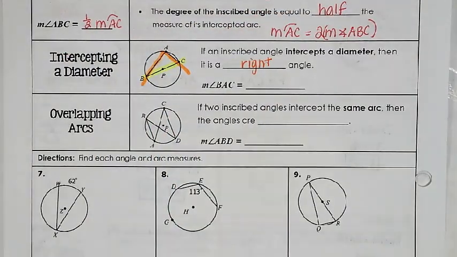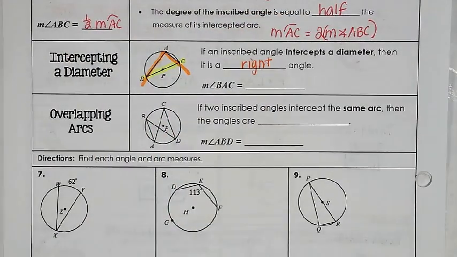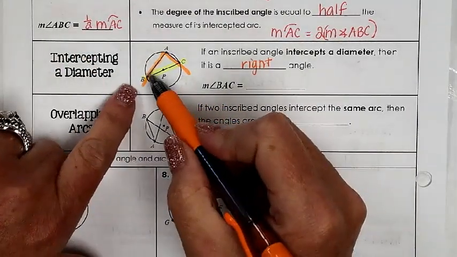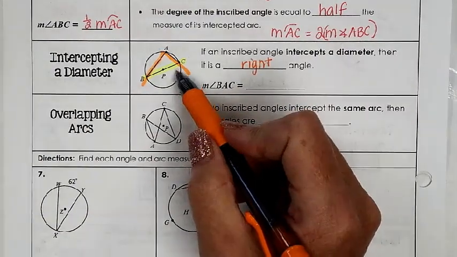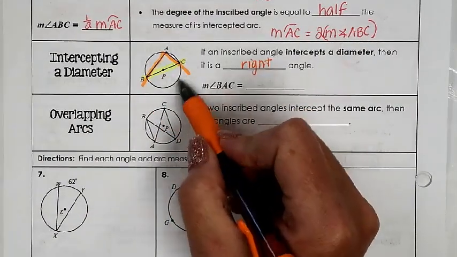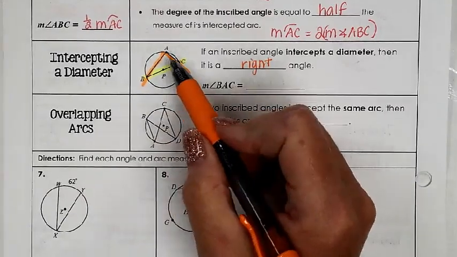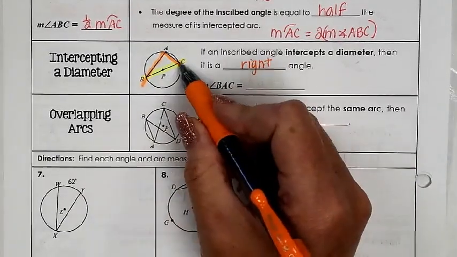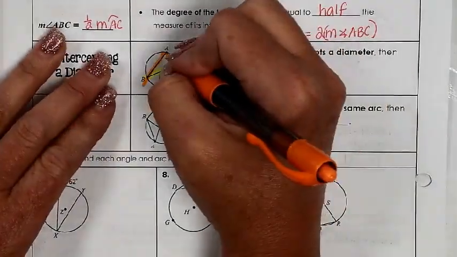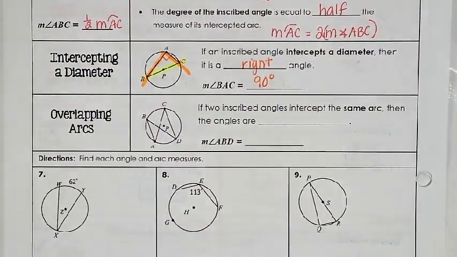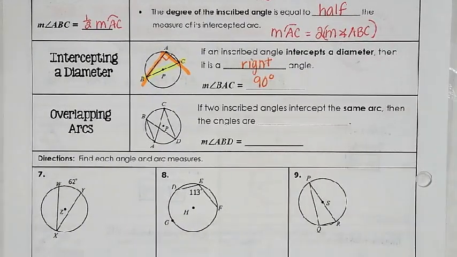Just to show you that it is a right angle, well, BC cuts the circle in half, makes a semicircle. So here to here would be 180. Well, if I have the arc and want to find the angle, we would half it. Half of 180 is 90. So the measure of angle BAC is 90. So always, if we intercept a diameter, it makes a right angle.